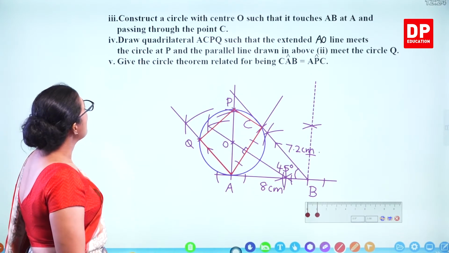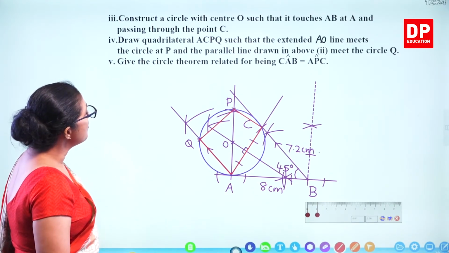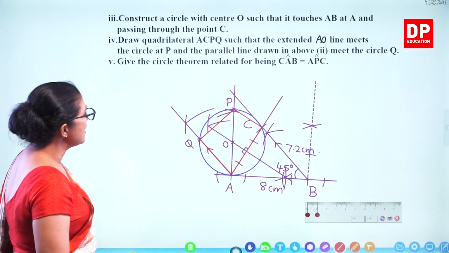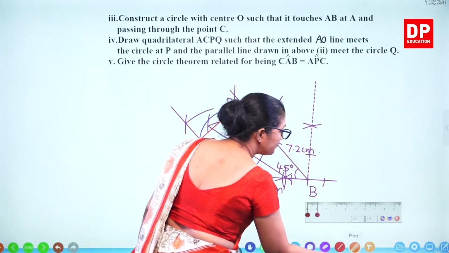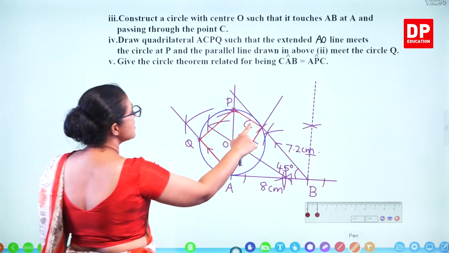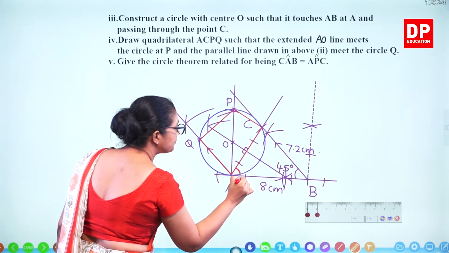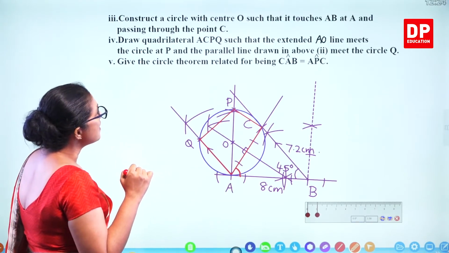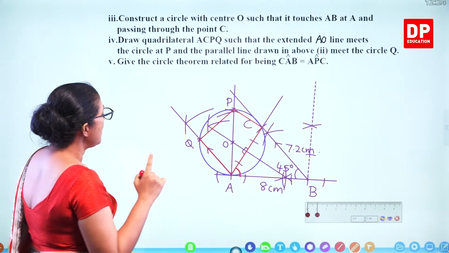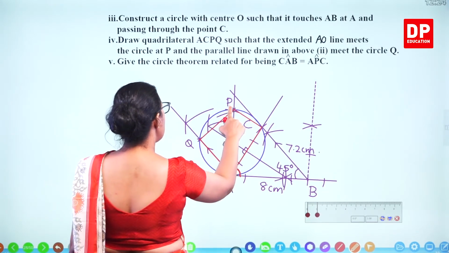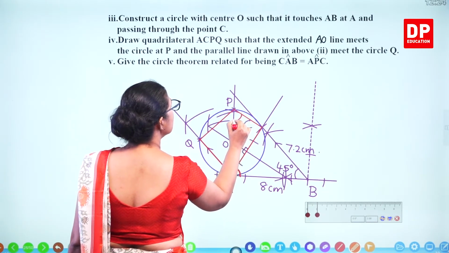And now the last part: give the circle theorem related to angle CAB. This angle CAB is equal to angle APC.